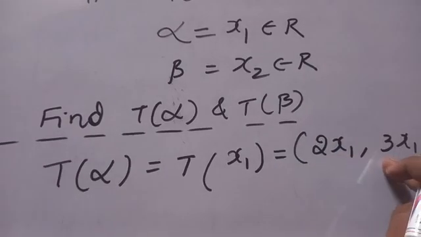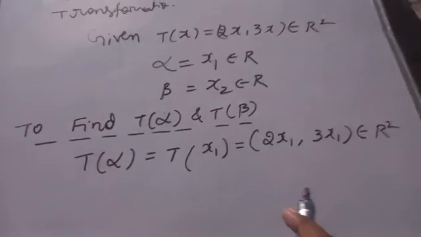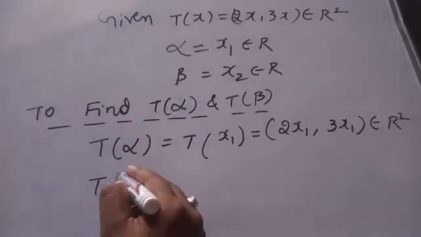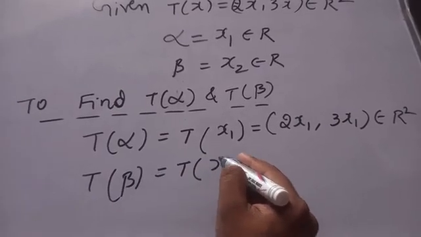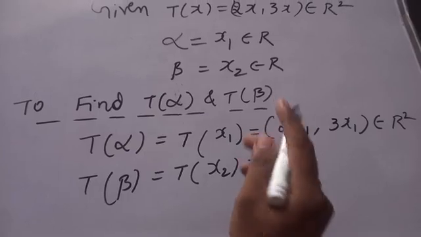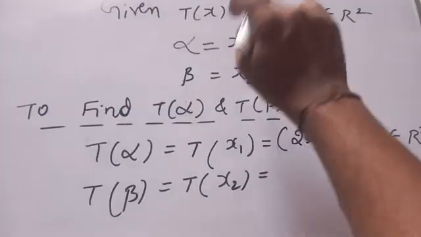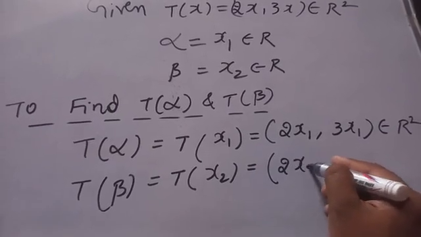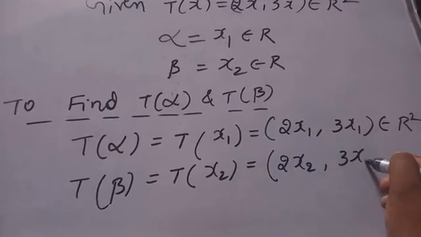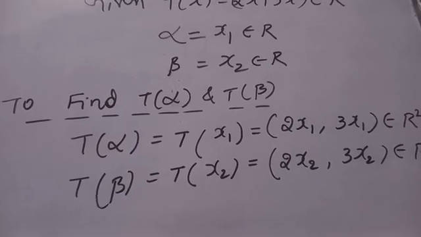Next, T of beta is equal to T of x2, so T of x2 is equal to (2x2, 3x2), which belongs to R square.